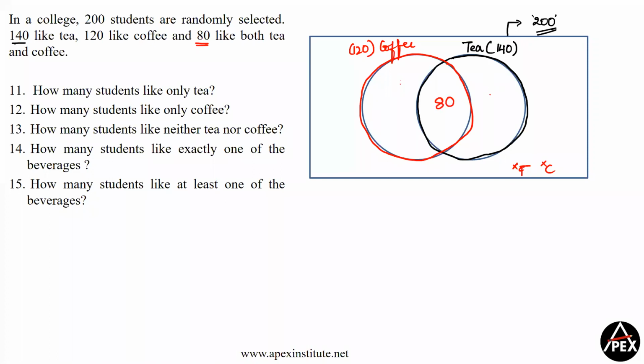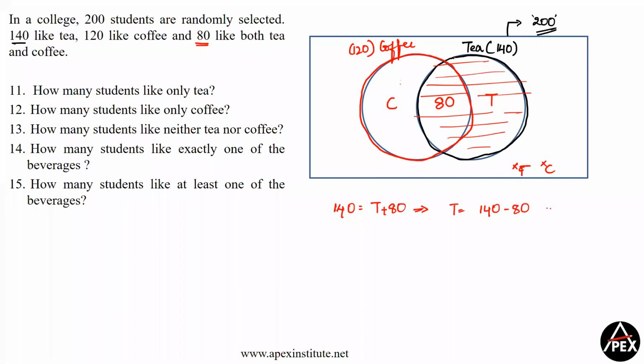If this is 80, let me assume we have T students who drink only tea, C students who drink only coffee. So this whole set represents people who drink tea, isn't it? So 140 is equal to T plus 80, or T is equal to 140 minus 80. So this is 60. So you have 60 students who drink only tea. Clear, guys?